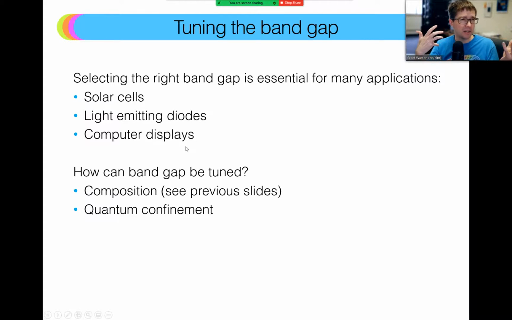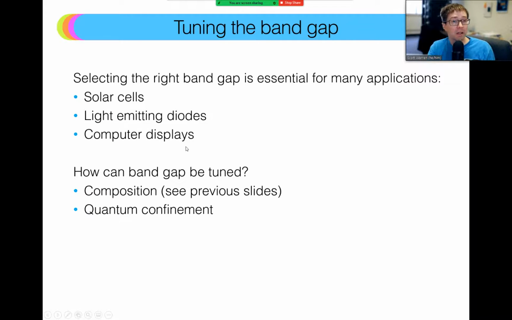So in a solar cell, there's a specific band gap that's optimal for maximizing efficiency. Tuning the band gap through quantum confinement gives us a set of tools to achieve that increase in efficiency.